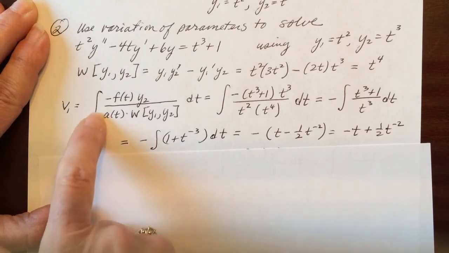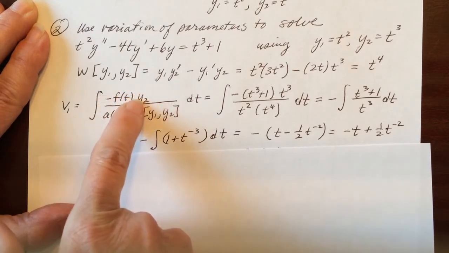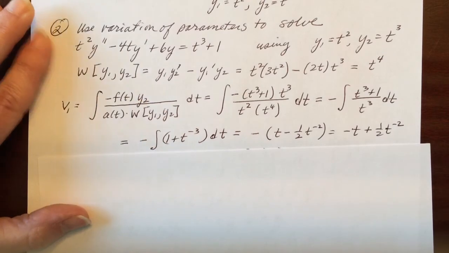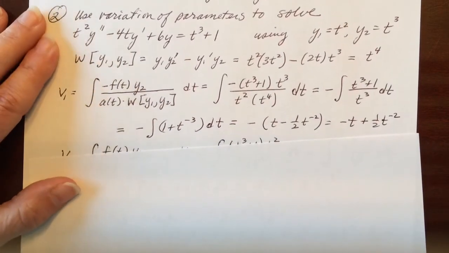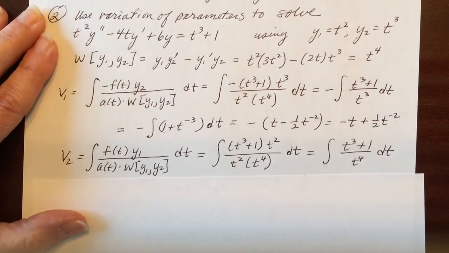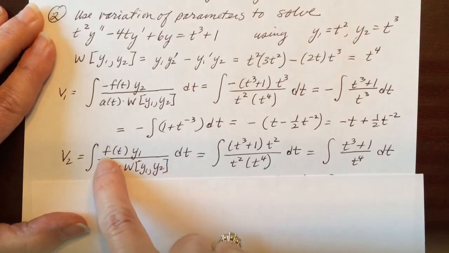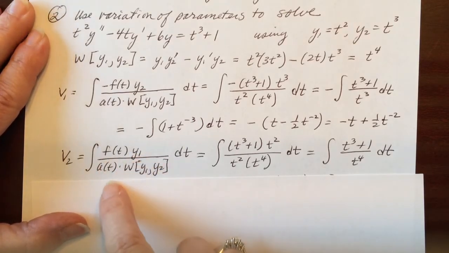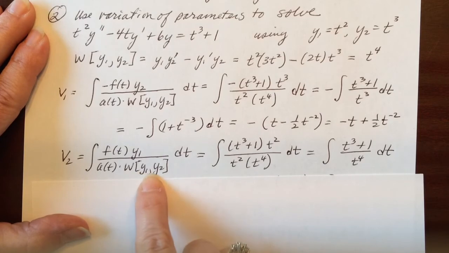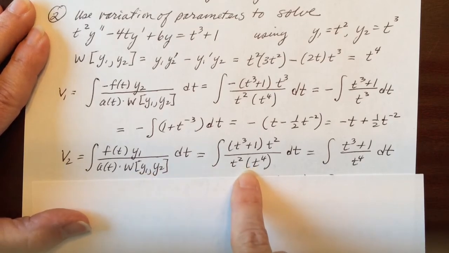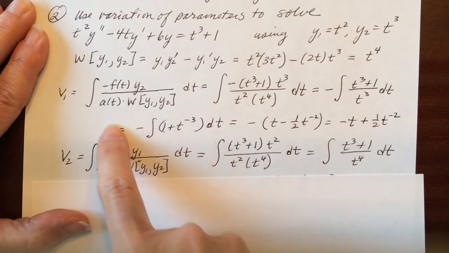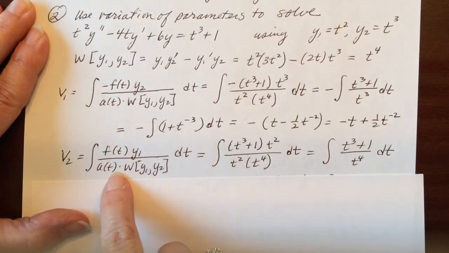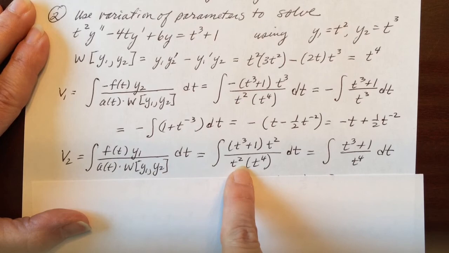Now we're going to calculate v2. And remember, v2 has a positive here and a y1 here. Here is our v2: f of t times y1 over a of t times the Wronskian. Someone had pointed out that yes, the denominator is going to be exactly the same in v1 and v2, so that won't change.